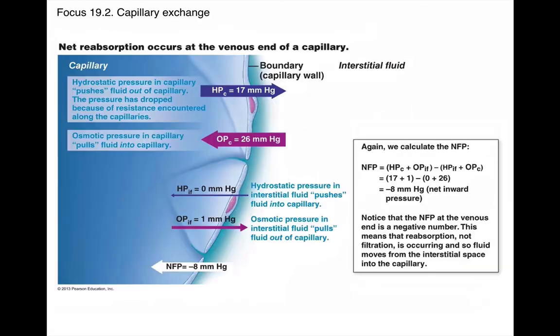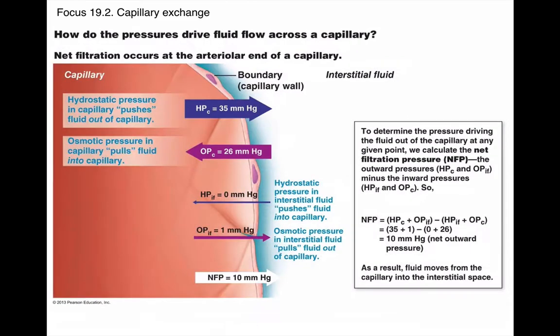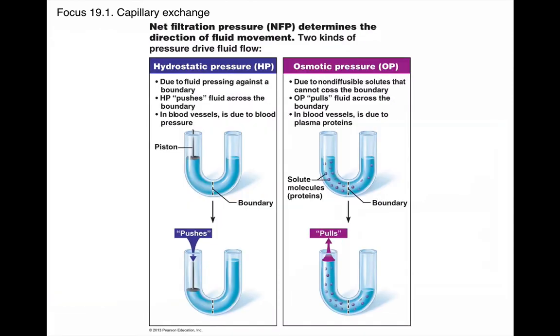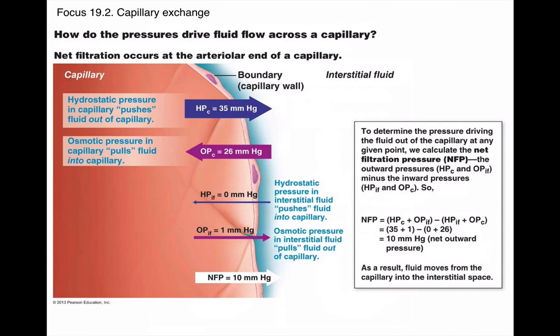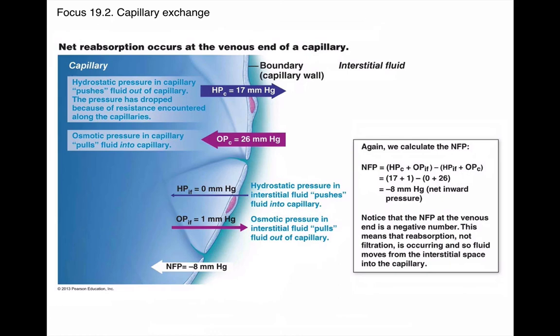That was actually all I wanted to say. The big thing is that people have tended to get hung up on this, as I've taught this in previous years. The main thing I want you to take from this is certainly the definitions of the pressures. Hydrostatic pressure pushes out, osmotic pressure sucks back in to the capillary or the interstitial fluid, and really the pressure that is changing is the hydrostatic pressure, which is higher on the arteriolar side and lower on the venular side.